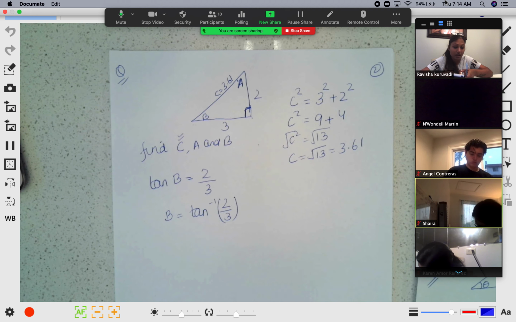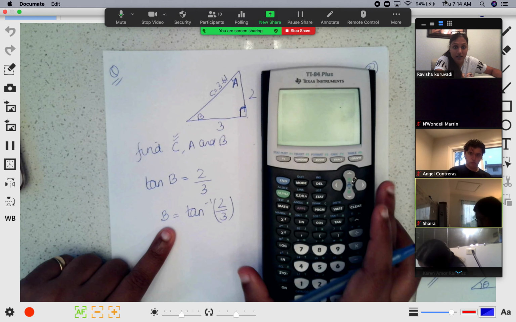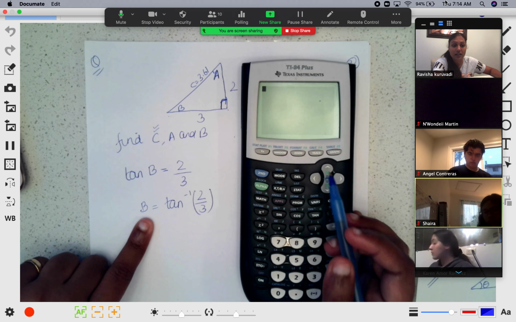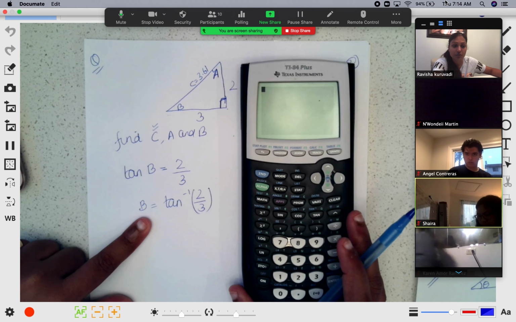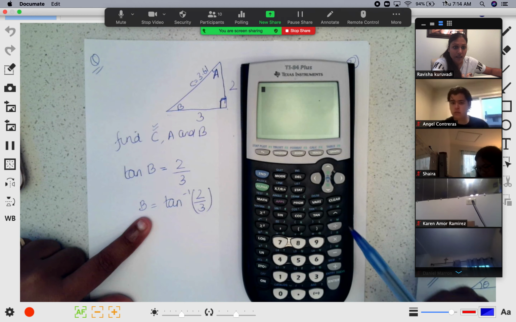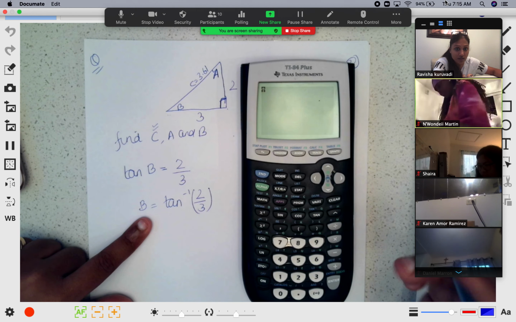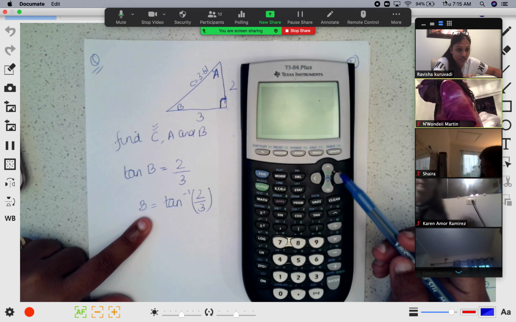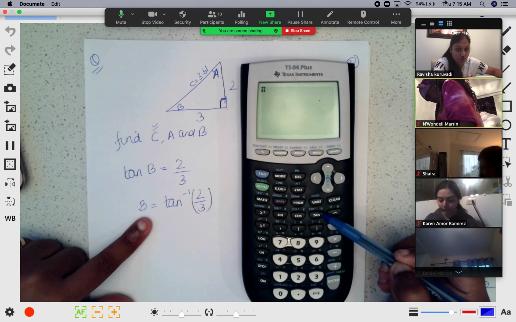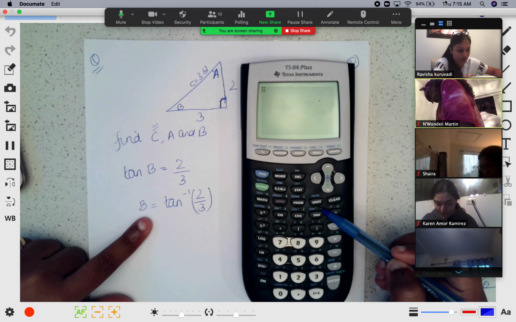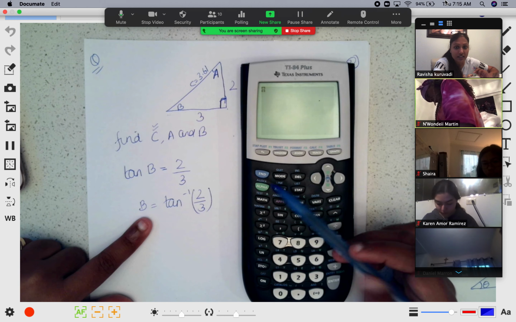And you're like, how am I supposed to find this tangent inverse of 2 over 3? Note in your calculators. Everyone, make sure you have your calculators right now because you need to know how to use these. How do you do it is, press the second key and over the tangent there is tangent inverse. So when you press second, after that you press the tangent one.